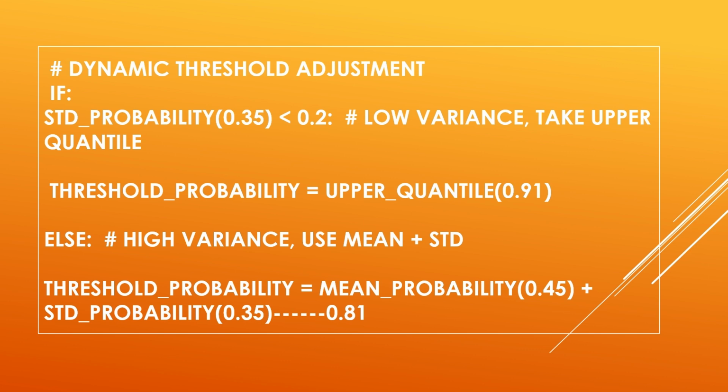In the case of high variance, we are assuming that the values are widely spread. So using the mean and adding the standard deviation helps to capture the deviation from the mean. Whatever the significant deviations are from the mean, it will help us catch that.